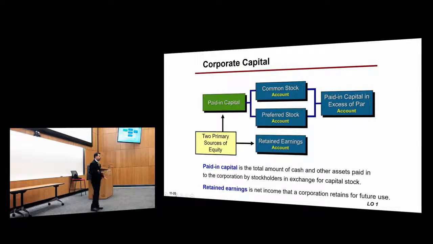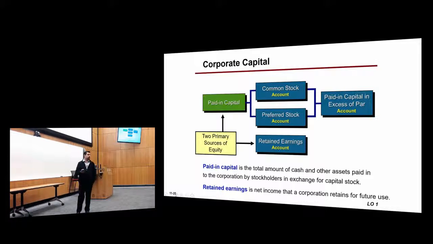The main difference between preferred stock and common stock is that preferred stock holders are preferred when dividend is declared and paid. So they have claim over dividends and over the assets before common stock.